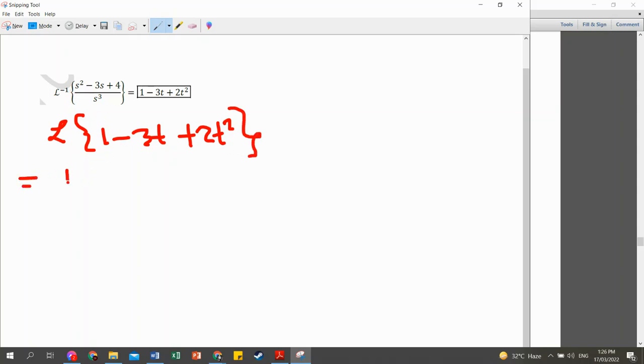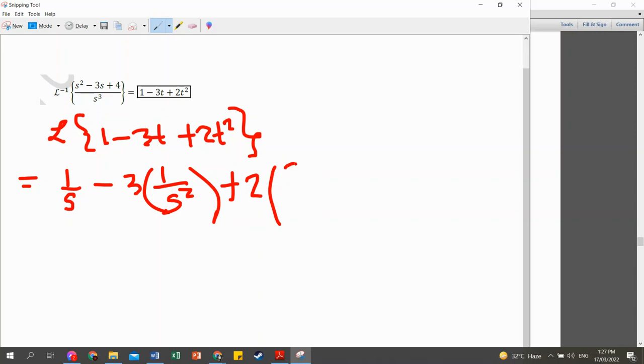First, Laplace of 1 is 1 over s, minus 3 times Laplace of t, which is 1 over s squared, plus 2 times the Laplace transform of t squared, which is 2 factorial over s raised to n plus 1. Or sorry, s raised to 2 plus 1.